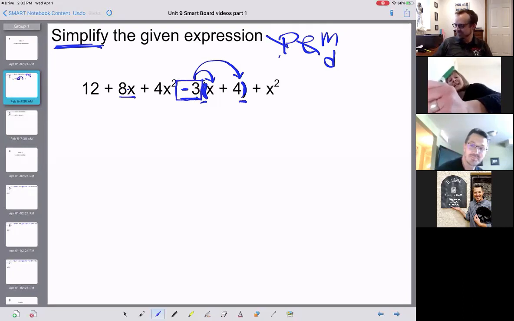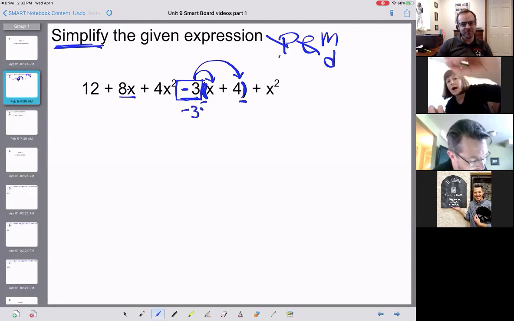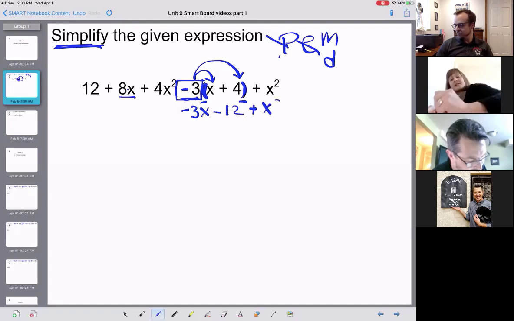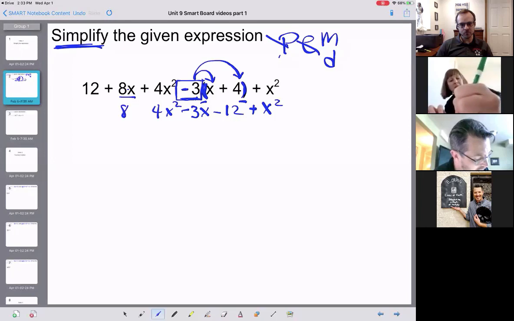We're going to multiply negative 3 times x. And negative 3 times positive 4 is going to give us a negative 12. It's quicker and easier to write it as a minus 12. And then we'll bring down the rest of the problem, keeping everything in order.